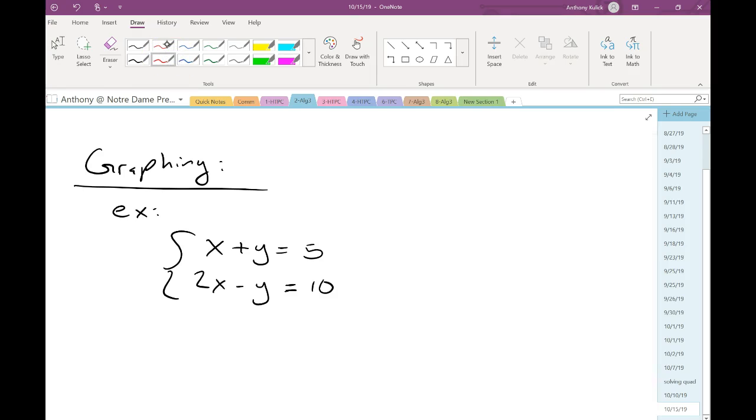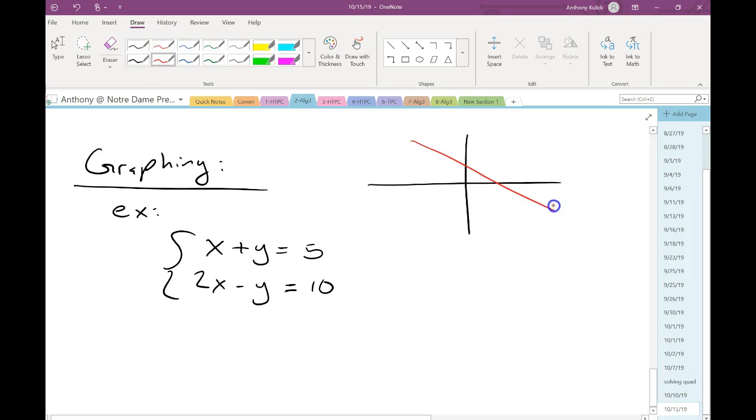So if I wanted to graph these, what I'm going to do is I'm going to graph both of these equations on the same xy axis, and I'm going to look for where they intersect. And that place where they intersect is going to be my solution. Okay with that plan?